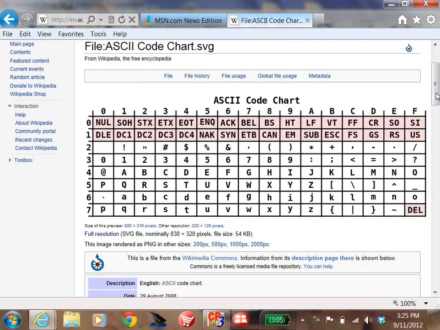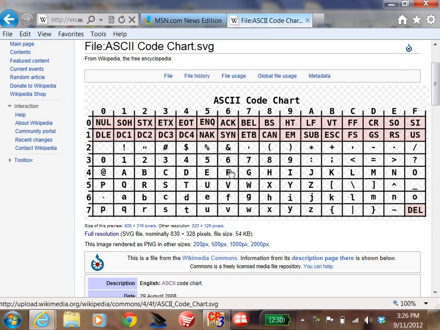Okay, tell me how to interpret this chart, would you? Let's see. So, Jasmine Scott, how do I interpret this chart? Let's take this F right here. What does this mean?